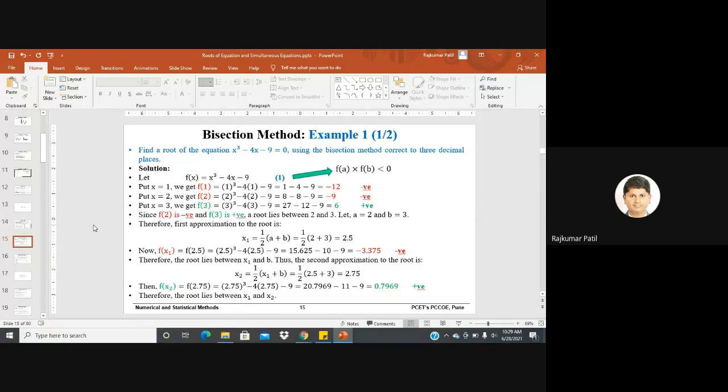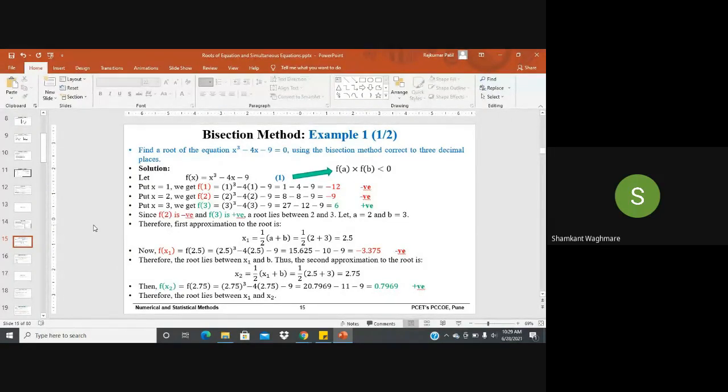So this is another way to find the second root. Similarly, you can put x equal to -1, -2, -3 and check the values of f of -1, f of -2, f of -3, and in this way also at some point you will come to know that a root lies between two values, let's say -2 and -4. So again the third root will be there. Okay. Is it clear? Yes.